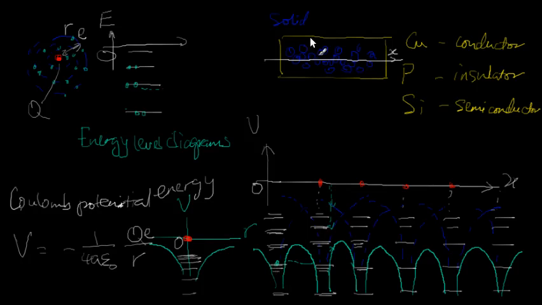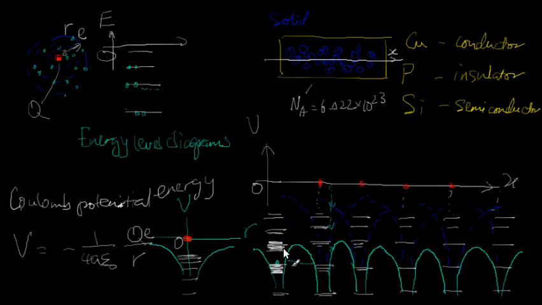And if you're talking about a whole piece of solid, then the kind of number that we're talking about is the Avogadro's constant, 6.022 times 10 to the power of 23 atoms, or that kind of magnitude. It's a huge number of atoms. So you might imagine that each of these levels would be split into a huge number of very closely spaced energy levels.